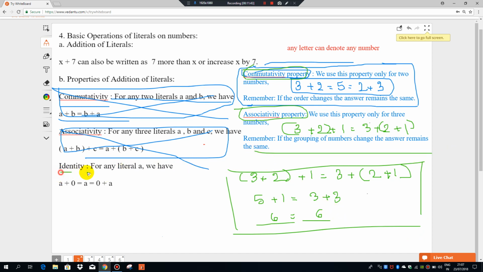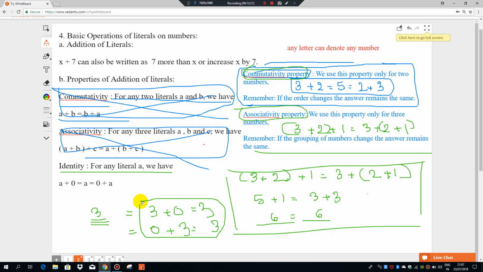Okay, now identity. What is identity? We have learned in integers the additive identity and the multiplicative identity, right? Here for identity we use only one number, which is any number, like 3. How can we find identity? 3 plus 0 is 3, and another way is 0 plus 3, that is 3.